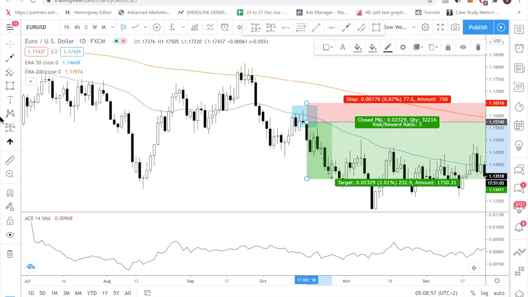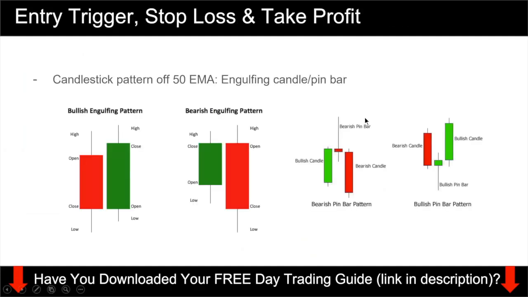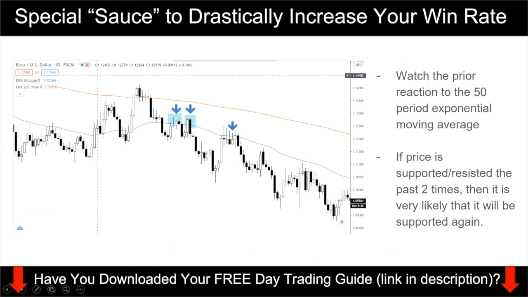Now let's go back to the PowerPoint slide and let's talk about the secret sauce. How do you drastically increase your win rate when you are trading using the moving average? What I want you to do is watch the prior reaction to the 50 period EMA. If you are using your own moving average strategy, that's fine.